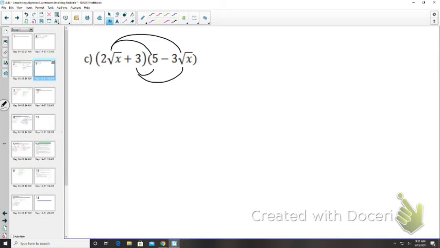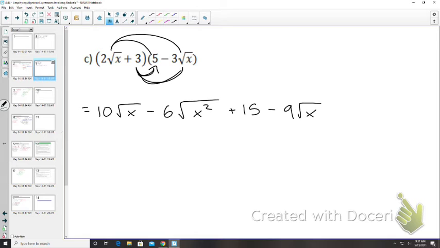So here we get 2 times 5, which is equal to 10 root x, minus 3 times 2 is 6, and then root x multiplied by root x gives me root x squared. For the second term, 3 multiplied by 5 is positive 15, and 3 multiplied by negative 3 root x gives me negative 9 root x.